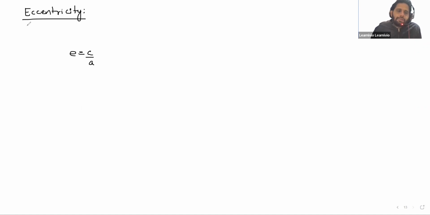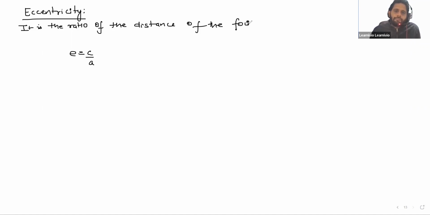So we can define the eccentricity as the ratio of the distance of the foci from the center to the distance of the vertex from the center.